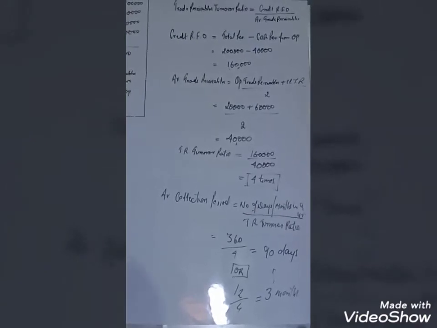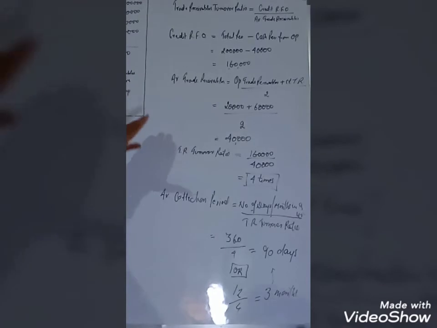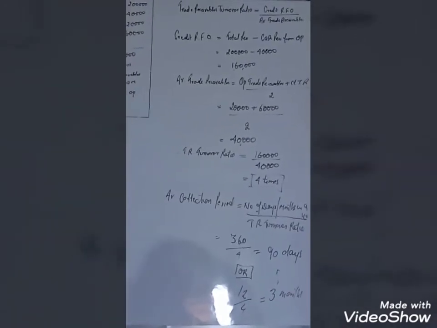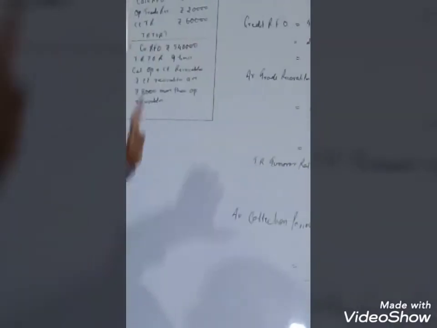Now after that, we are going to take another question. Credit revenue from operations is rupees 5,40,000. Trade receivables turnover ratio is 9 times. We have to calculate opening and closing receivables.